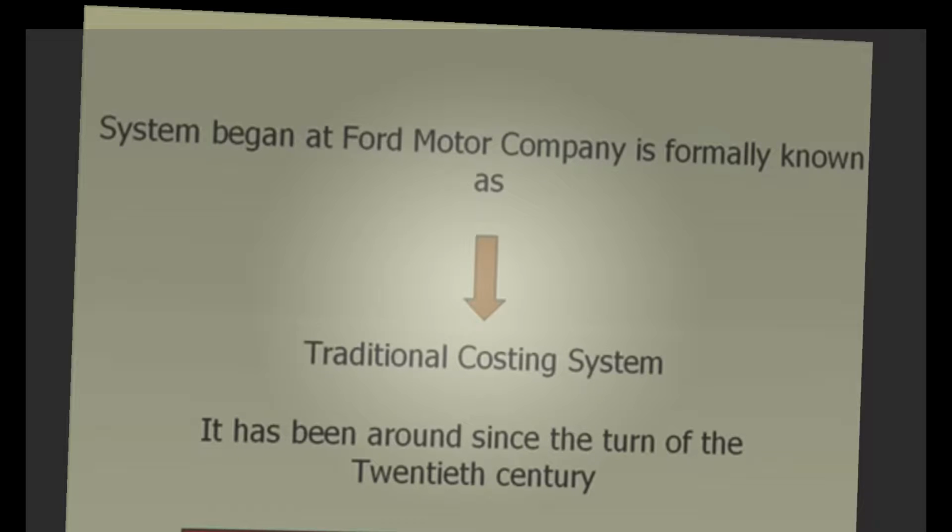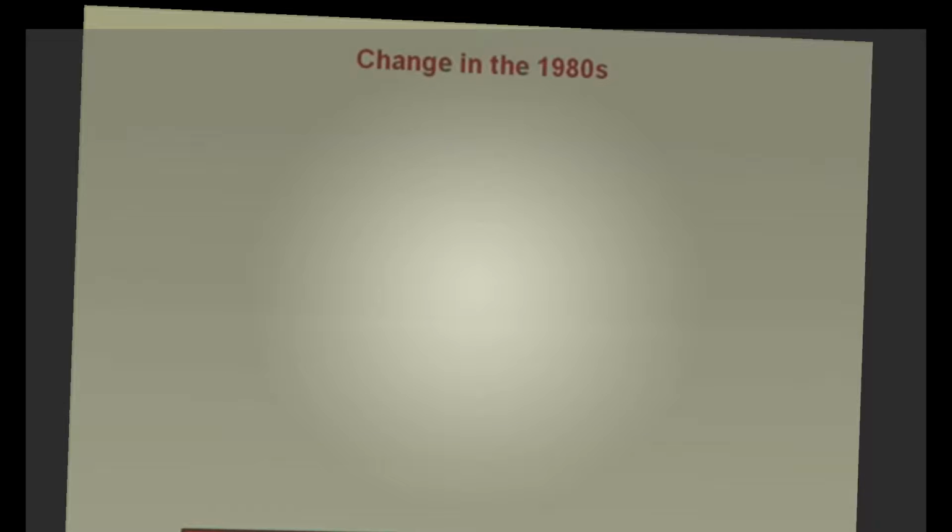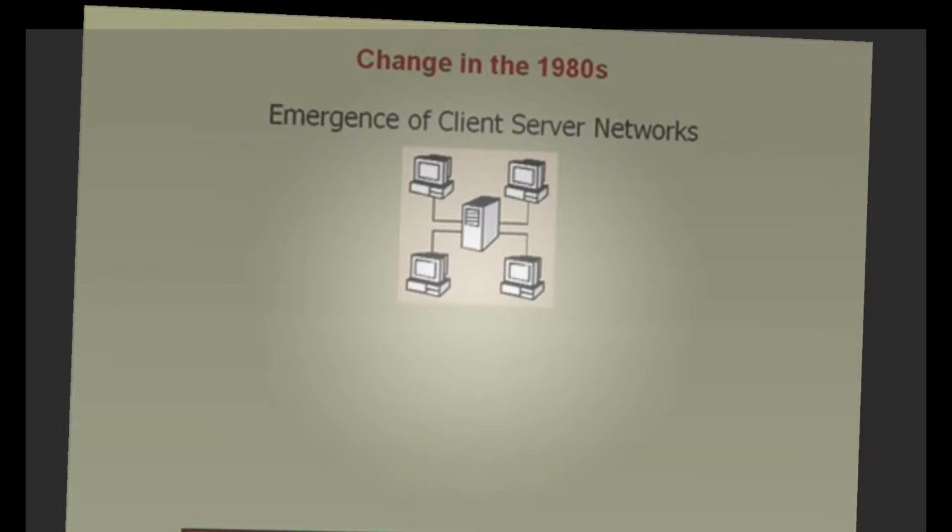However, things started to change in the 1980s, especially with the emergence of client-server networks. Now, here's the problem. A manager interested in developing and implementing a client-server network system would call his or her accountant and ask the accountant to estimate the costs.